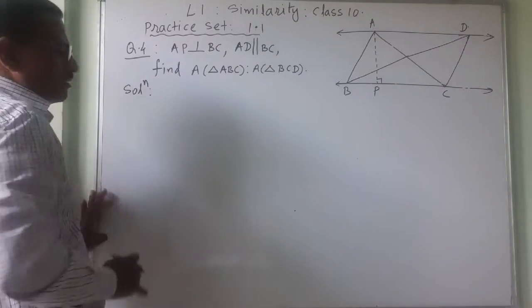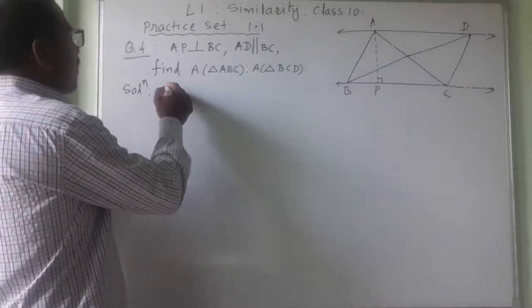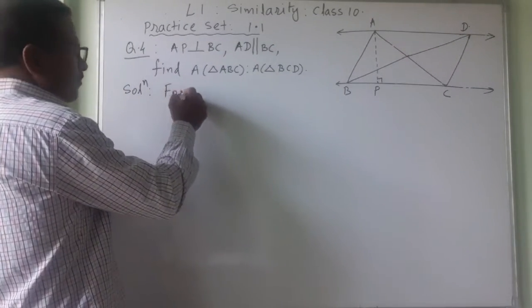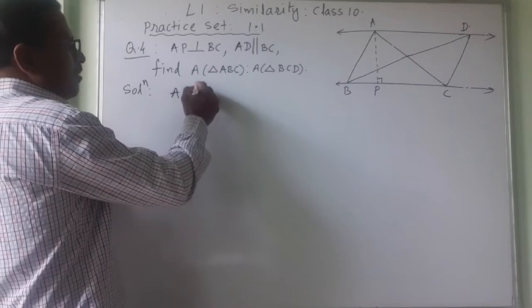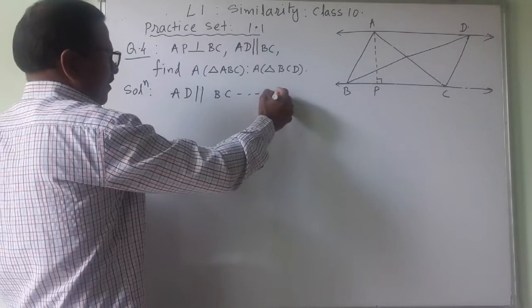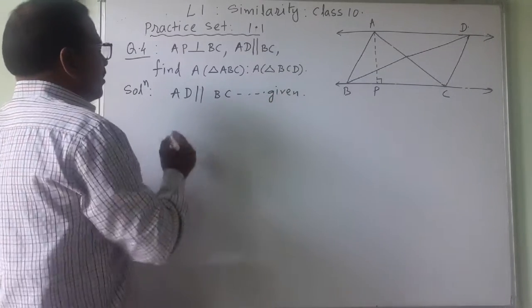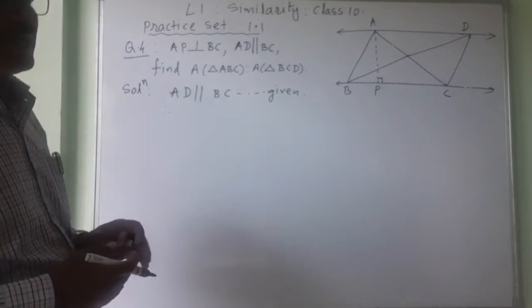Something we have to write to justify our answer. First of all, AD is parallel to BC. This is given. Therefore, the perpendicular distance between the two parallel lines is same.